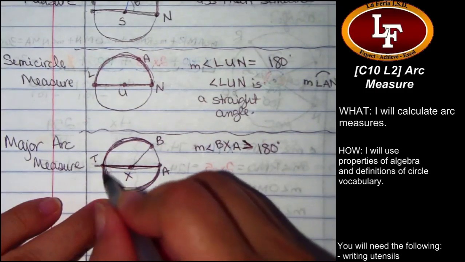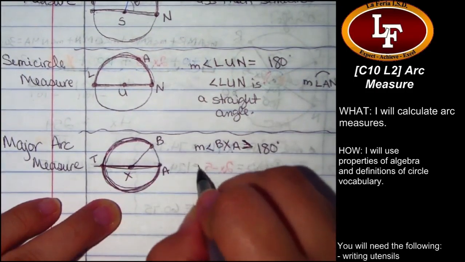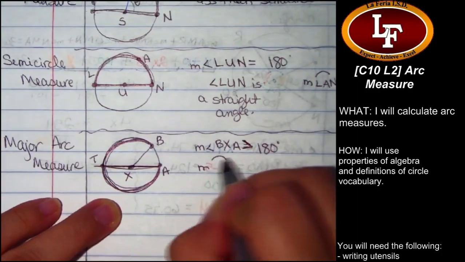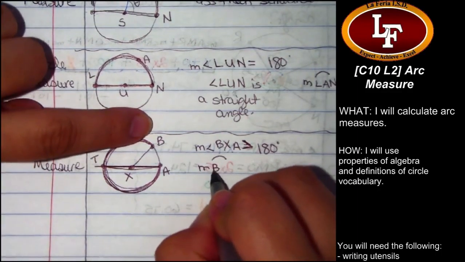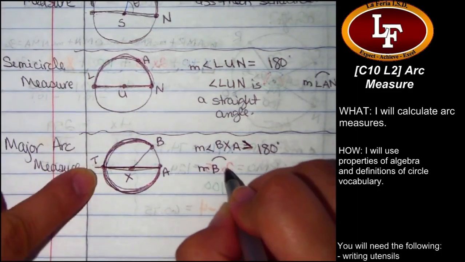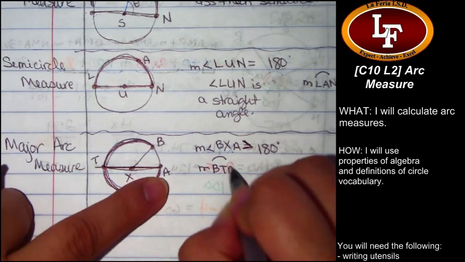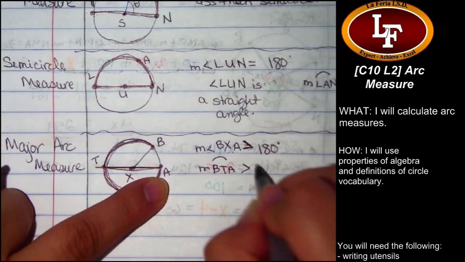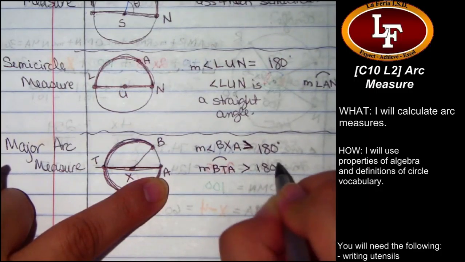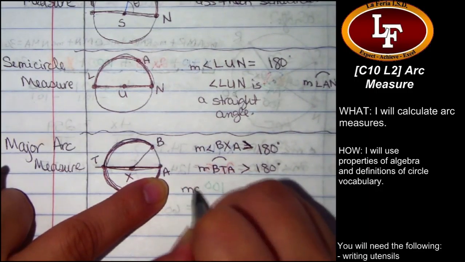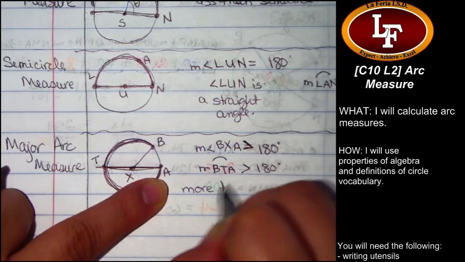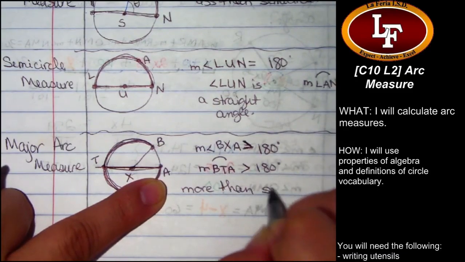But we're also looking at this arc measure, and so the measure of the arc B tracing around through point T all the way up to its other endpoint A, is also going to be greater than 180. This is because it is going to be more than our semicircle.